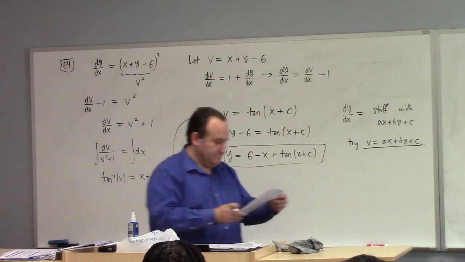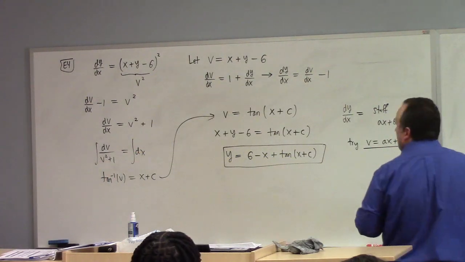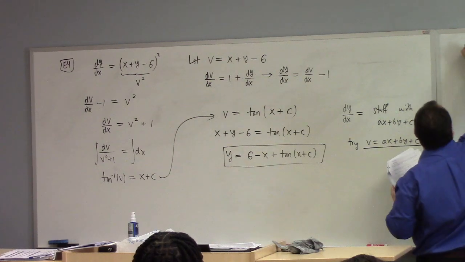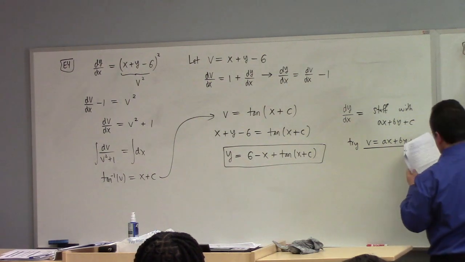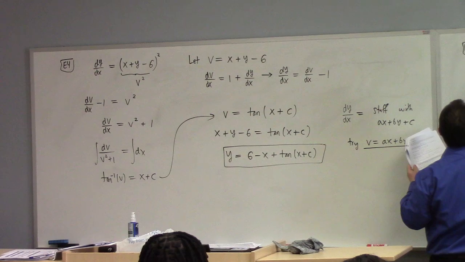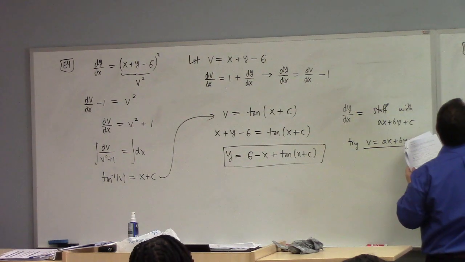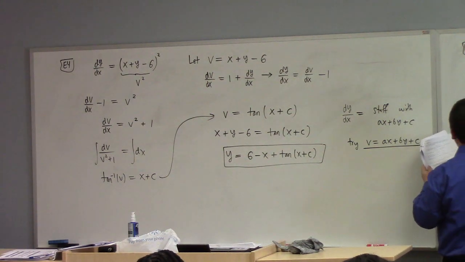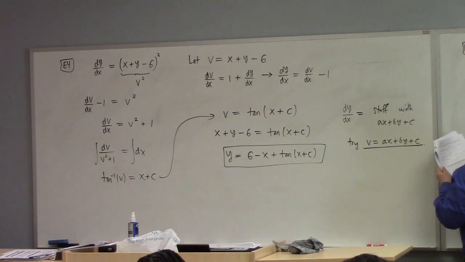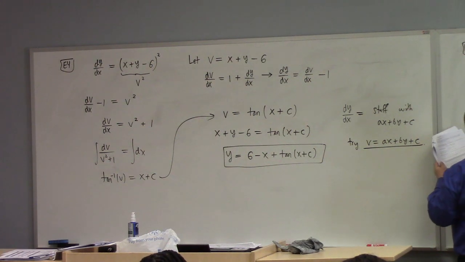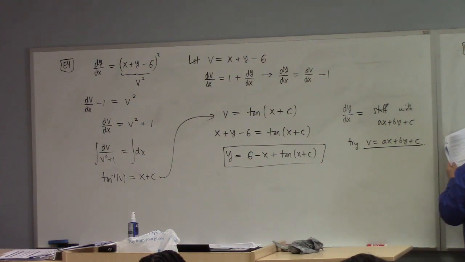Here's a different example. Example 5. Suppose we want to solve dy dx is equal to (y over x plus 1) divided by (y over x minus 1).